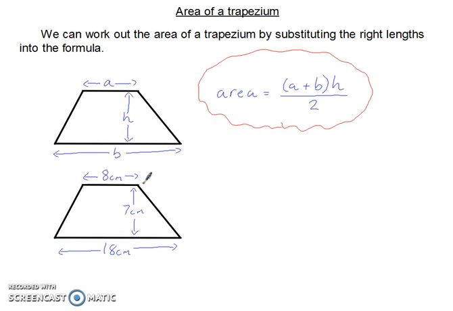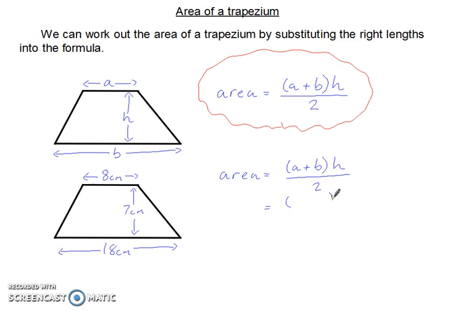Now, whenever I'm using a formula, the first thing I do is write out that formula. Area equals, open brackets, A plus B, multiplied by the height, and then halve the answer to that. Right, now then, I'd write this so that I make sure I'm getting the substitutions in the right place.